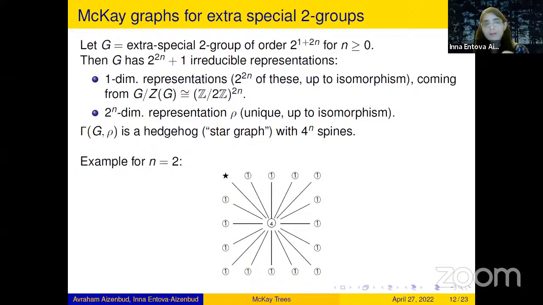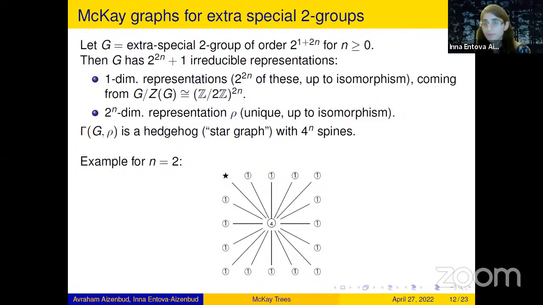And there is one other irreducible representation which has dimension 2 to the n. And for this representation, the McKay graph gamma G rho would be exactly a hedgehog, so a star graph, which has 4 to the n spines. So for instance, for n equals 2, we'll get 16 leaves, 16 spines, and 1 vertex in the middle, which is labeled by 4, which is 2 to the 2.